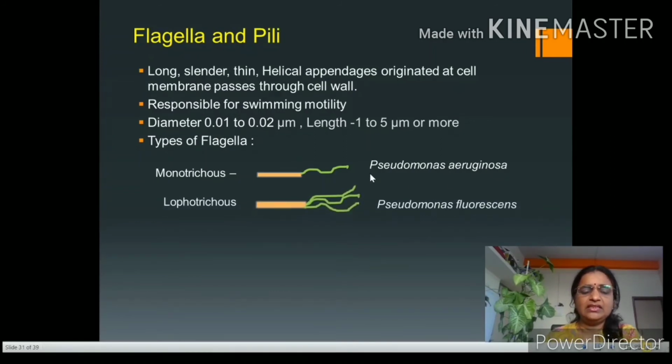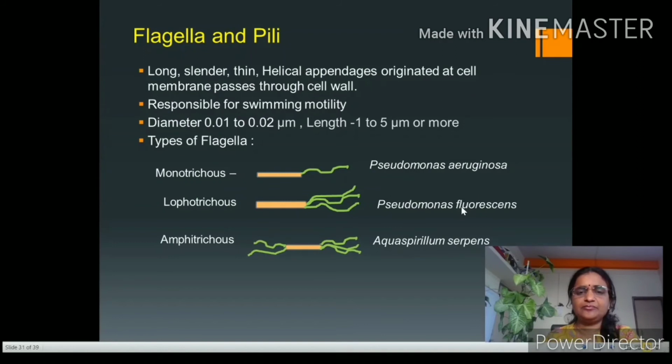Next is lophotrichous flagella. Here a bunch of flagella, more than one, or a tuft of flagella, is present at one end of the bacterial cell, and the example is Pseudomonas fluorescens. Next is amphitrichous flagella.